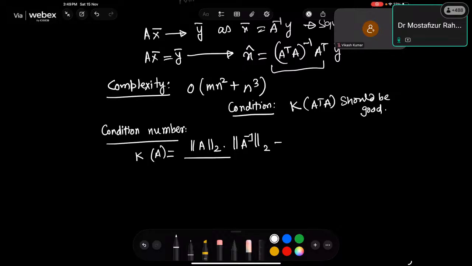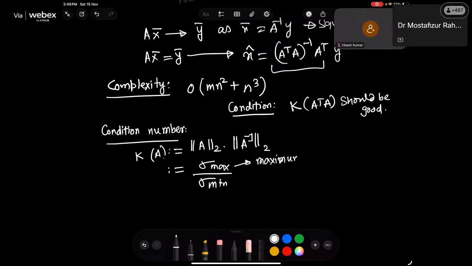Norm of its inverse, that is equal to, this is also defined as sigma max by sigma min. Sigma max is the maximum singular value, and this is the minimum singular value.